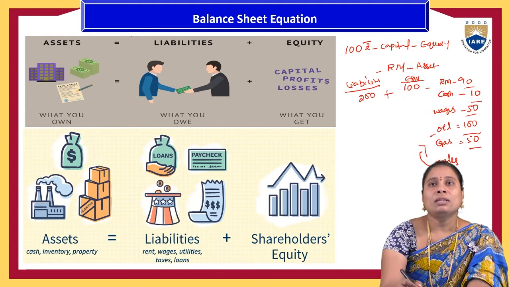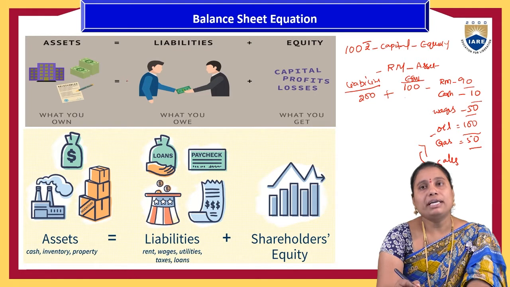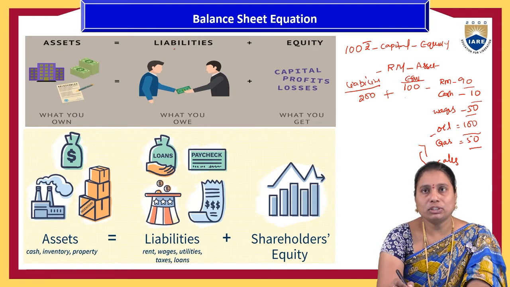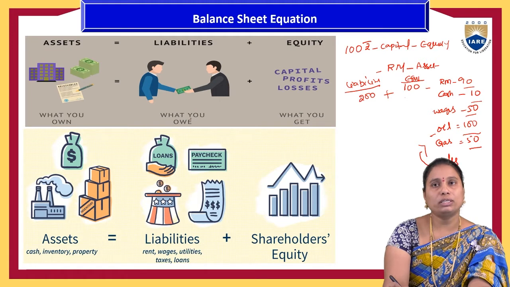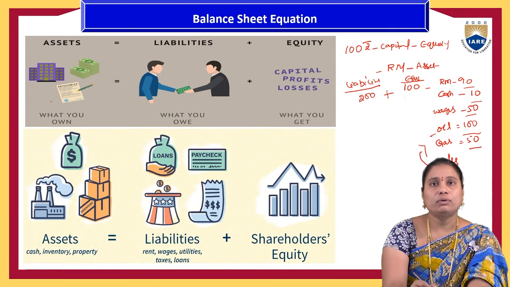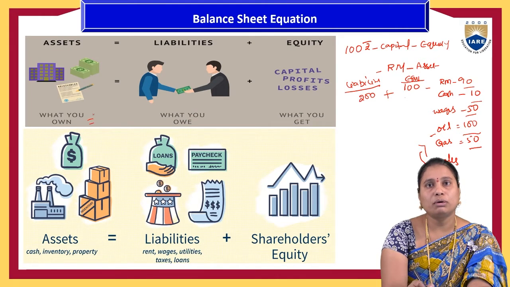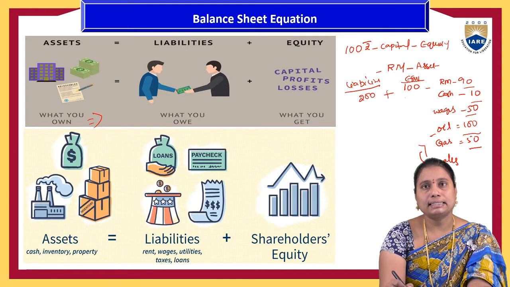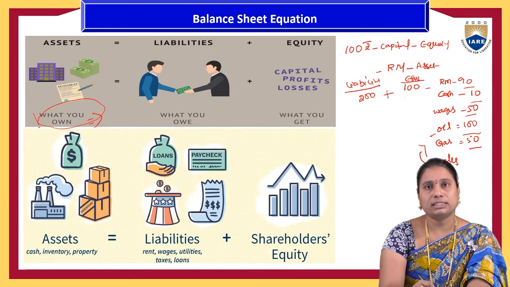So the balance sheet shows the final organizational activities in one equation form: assets equal liabilities plus equity. That is what the organization owns and what it owes.